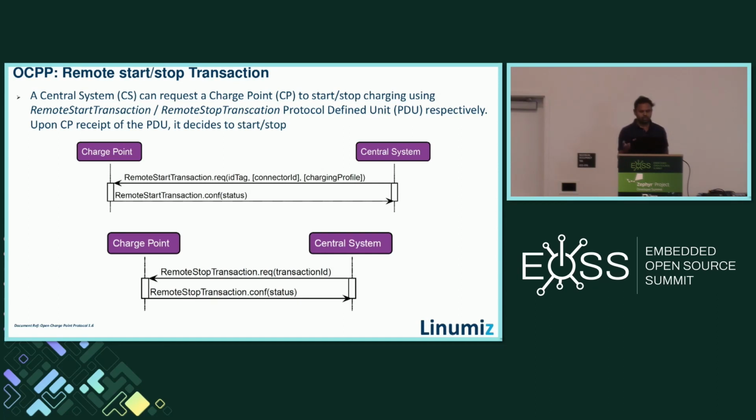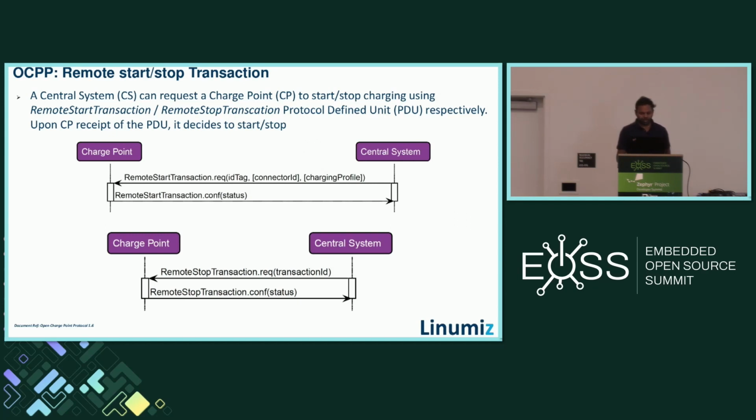This is done by two messages called remote start transaction and remote stop transaction. Upon receiving the remote start or stop transaction, the charge station can decide whether it can start or stop based on the local environment, like whether the power supply is available to deliver to the EV or whether the cable is connected. Once it is done, it follows the same process we saw on the previous slide: start transaction, stop transaction.